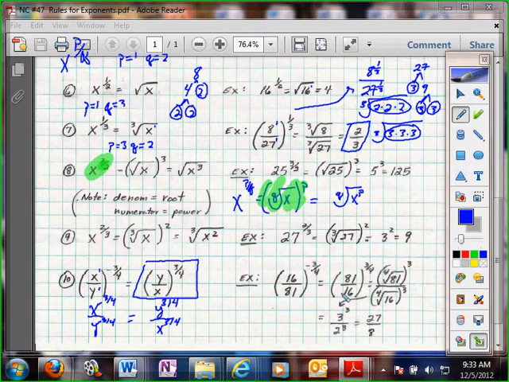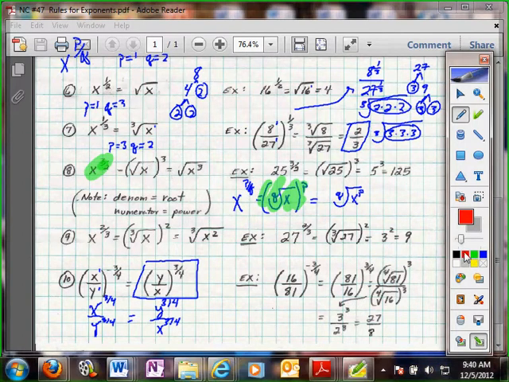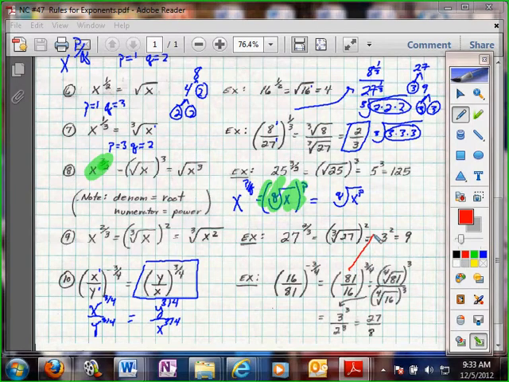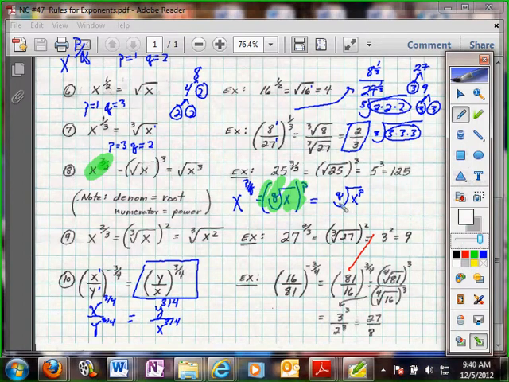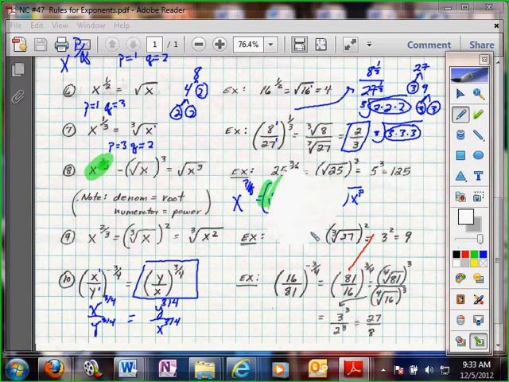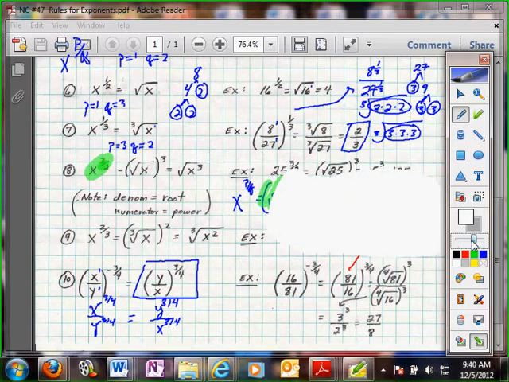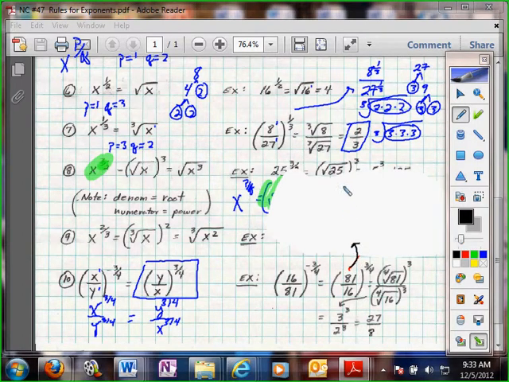My next step, which I don't show here, I will show you. My next step from right here would have been 81 to the power of 3 over 4 over 16 to the power of 3 over 4.